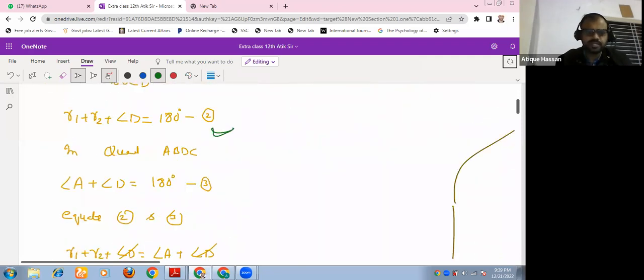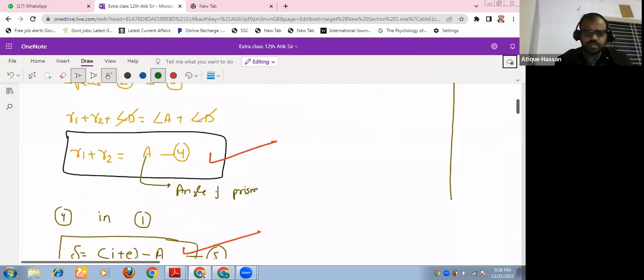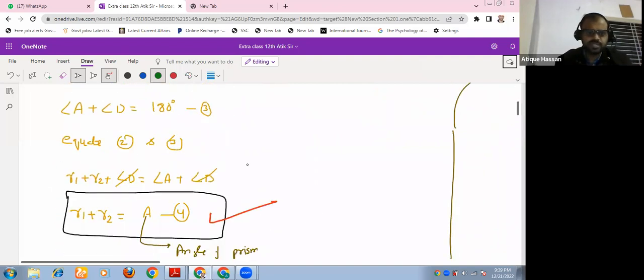So from that you can write A plus D is 180 degrees, and using this one, R1 plus R2 plus D will be equal to A plus D, and from there you will get R1 plus R2.